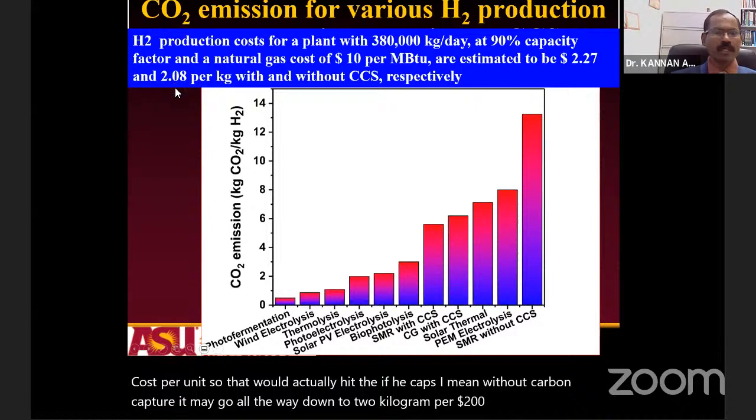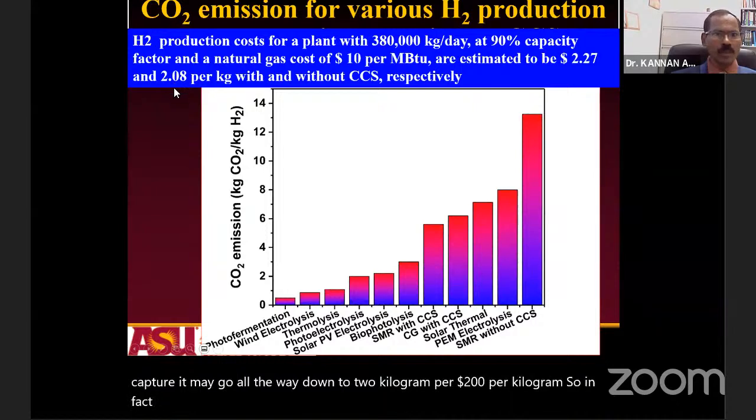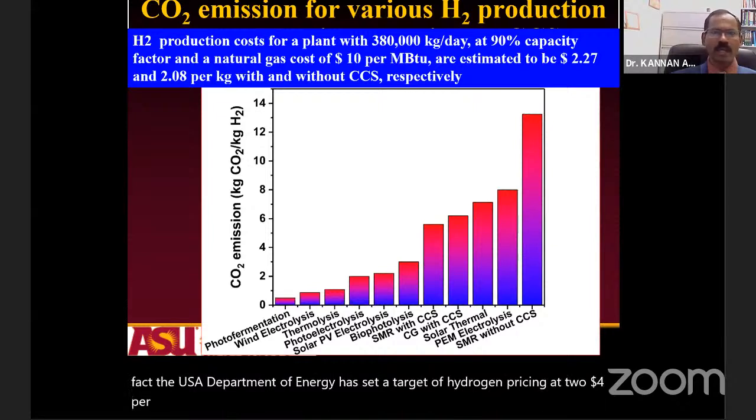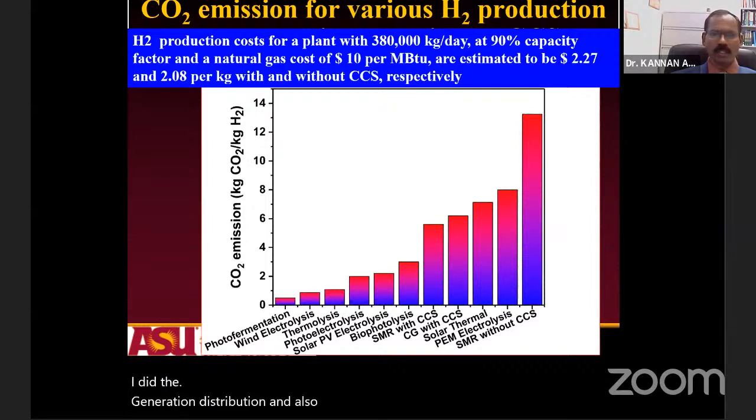In fact, the US Department of Energy has set a target of hydrogen pricing at $4 per kilogram dispensed, meaning hydrogen generation, distribution, and also dispensing costs. So the target is $4 per kilogram hydrogen.